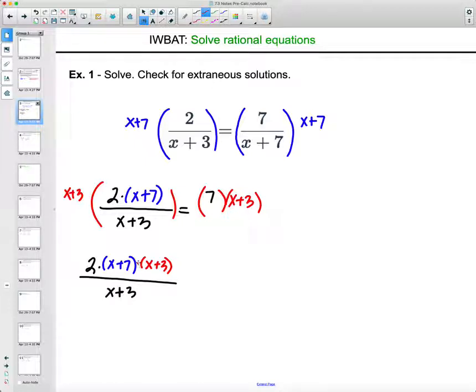Since it's a common factor, these will cancel out. So x plus 3 times x plus 3 divided by x plus 3 will equal 1. So this side is just left as 2 times x plus 7, and then you have equals 7 times x plus 3.